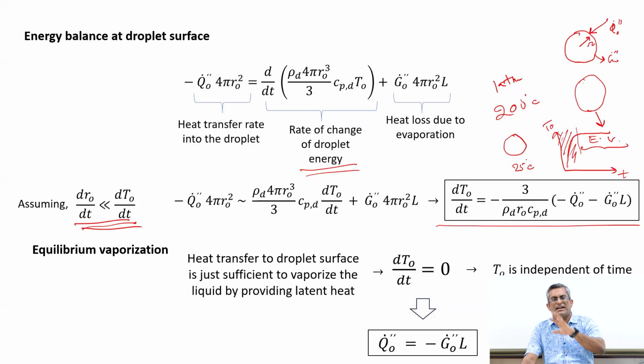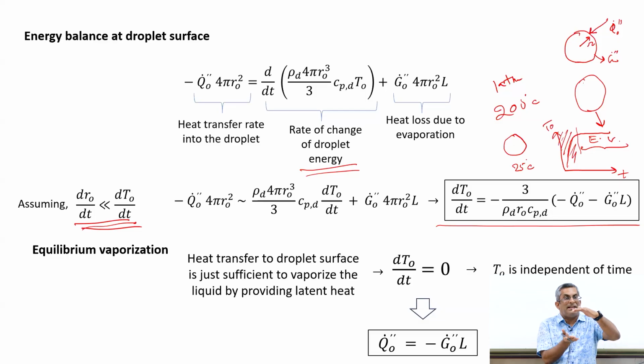But if you consider, let us say, a diesel engine, we inject when the piston is at or close to the top dead center, right. Then what we want is for the droplets first to evaporate and mix with air, such that auto ignition can take place in case of a diesel engine.